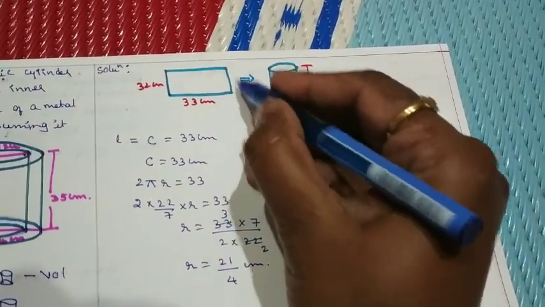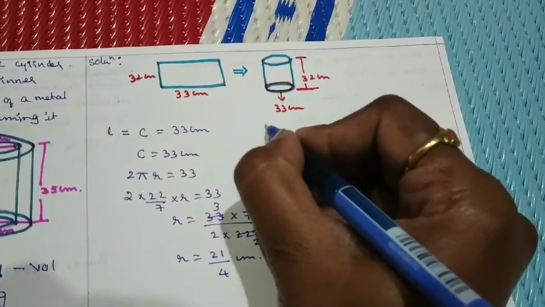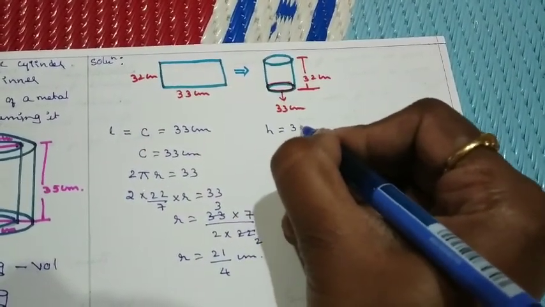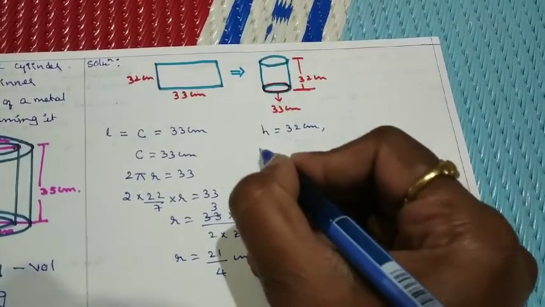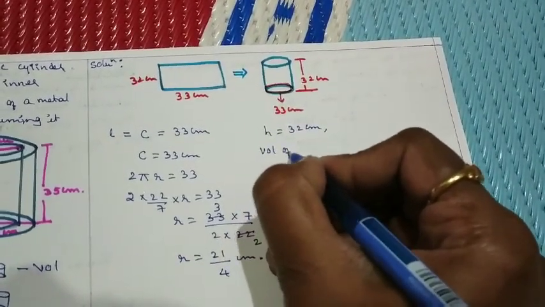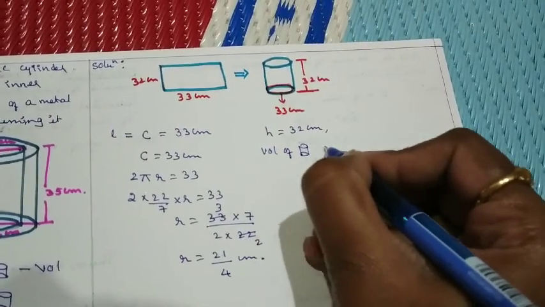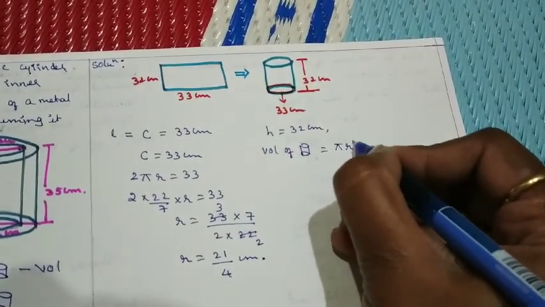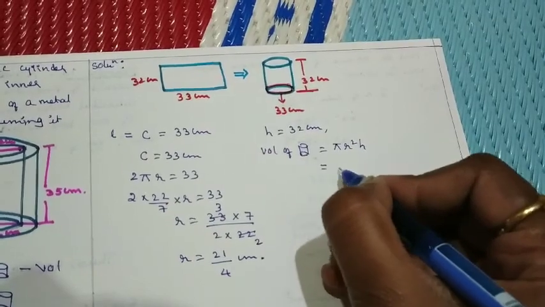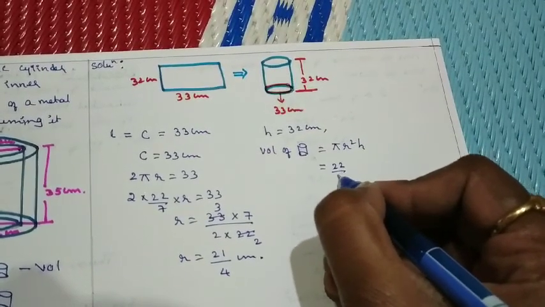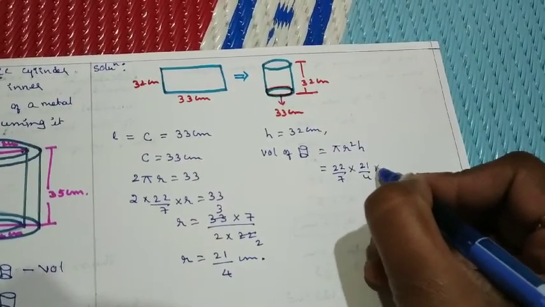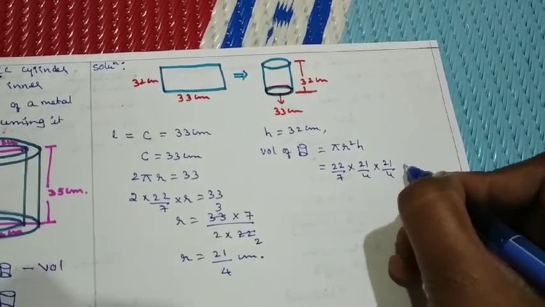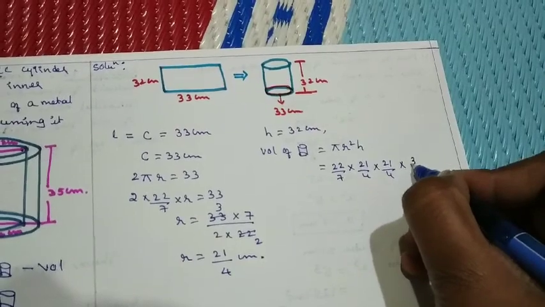Then the width of the rectangle becomes the height of the cylinder, that is 32 centimeter. So having these two, now we are asked to find the volume. So volume of cylinder equal to pi r square h. Then we'll substitute the pi value 22 by 7 into radius 21 by 4 into 21 by 4 into height 32.